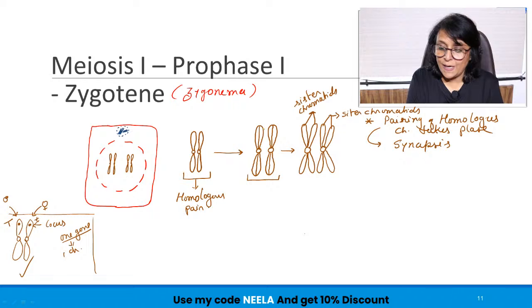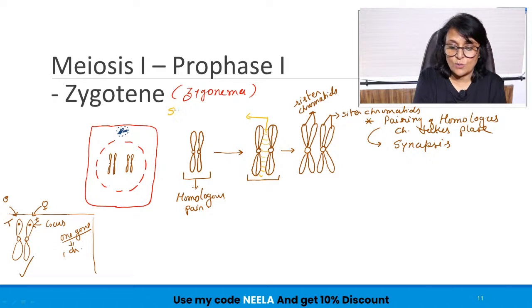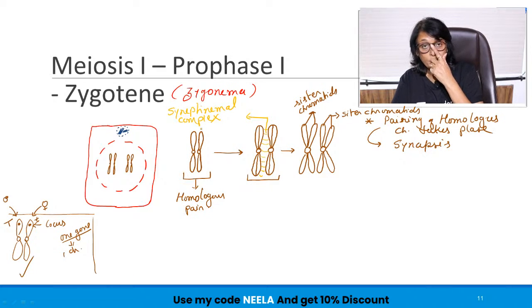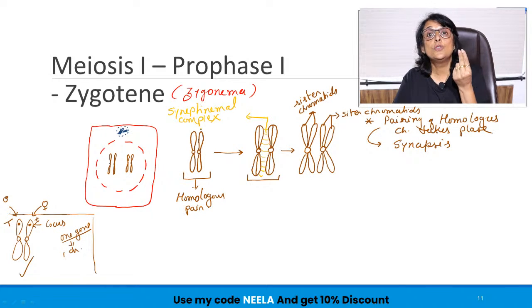So between these chromosomes, there is a network of proteins which is formed, and this network of proteins is known as synaptonemal complex. What is the significance of this? The purpose of synaptonemal complex is to keep the two chromosomes of the homologous pair together so that crossing over can take place.